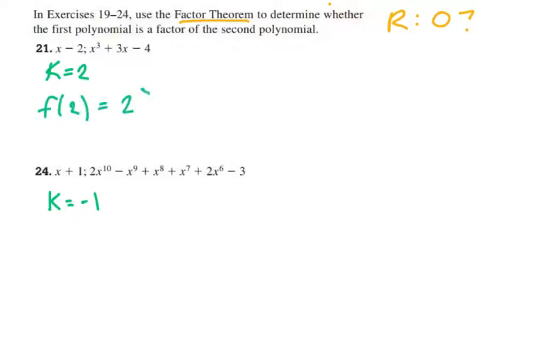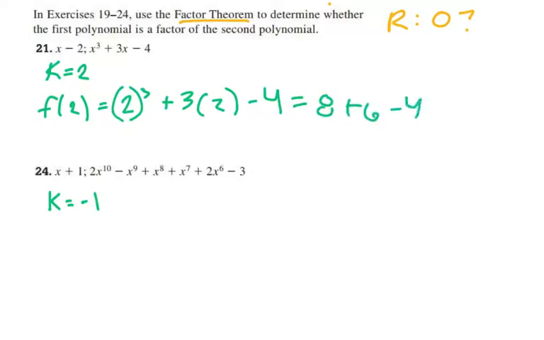So 2 cubed plus 3 times 2 minus 4. And hopefully I get a 0. Let's see. 8 plus 6 minus 4, definitely not going to be 0. So it's apparently 10. Alright, and so because 10 is not 0, we can conclude that x minus 2 is not a factor.